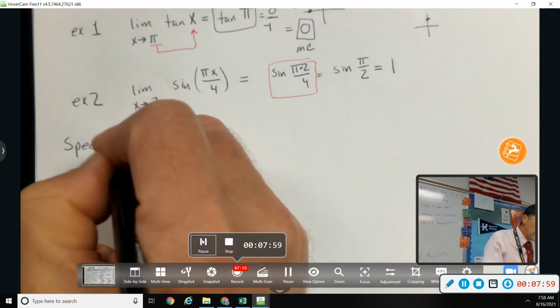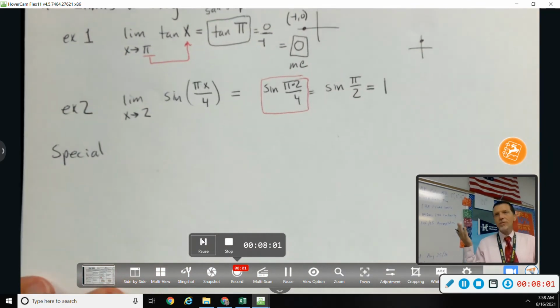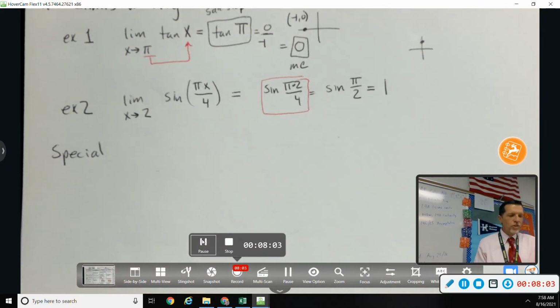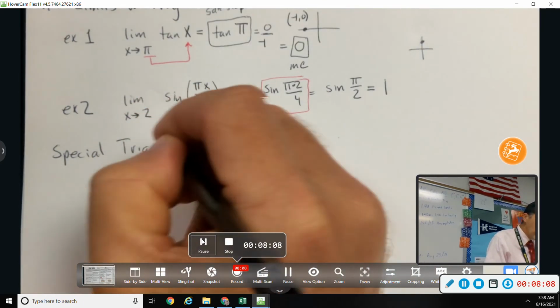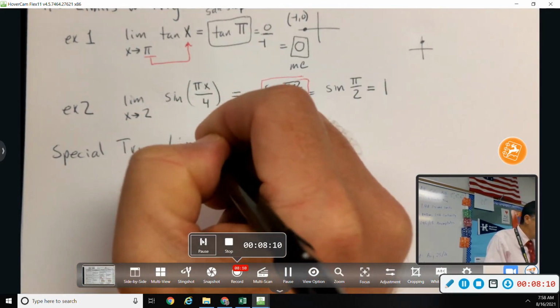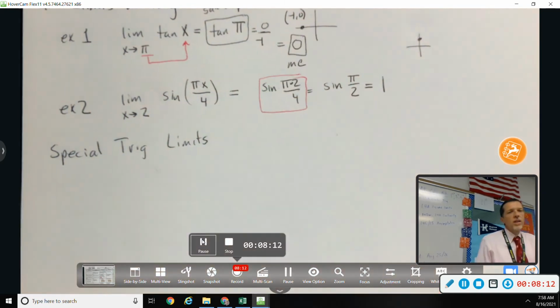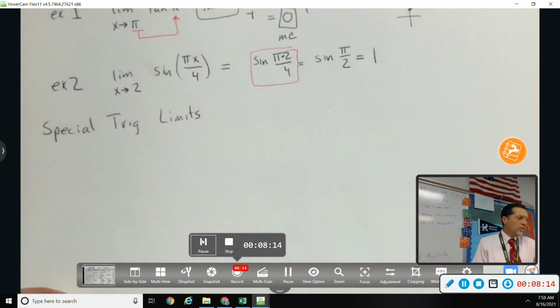All right, so those are the ones that are straightforward. Like you plug it in, and as long as you know your unit circle or you're comfortable with the safe stop, then you're okay. All right, now there's a couple that there's no way to get other than one of those, my calculus teacher said so kind of situations.